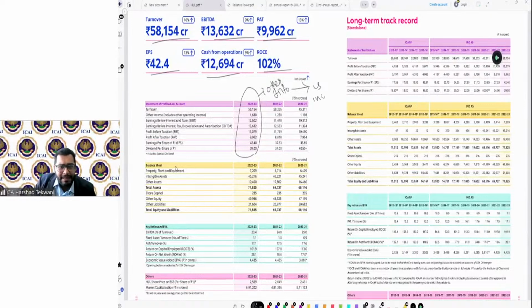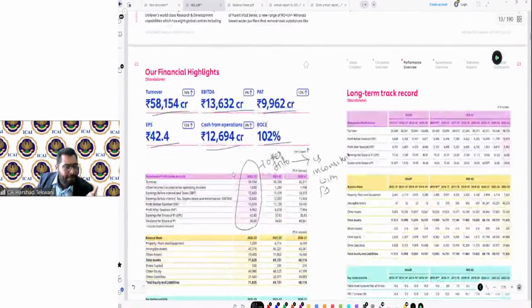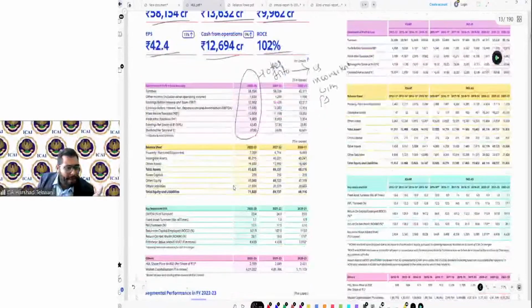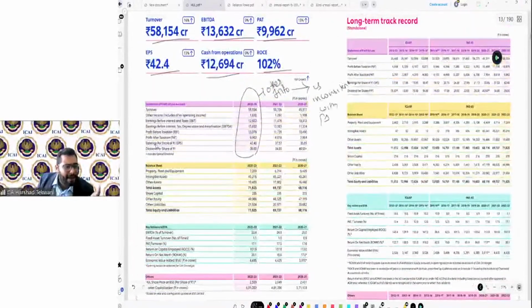is inconsistent with the FS. How will I do that? I need to compare this with my FS. Let's say, for example, earnings before interest and tax, which is 12,602 for 22-23.